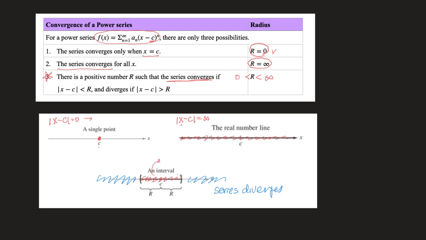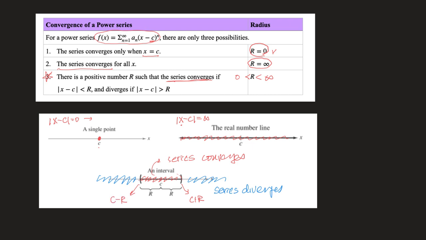Inside this interval, c is going to converge. So which point has a problem, guys? We didn't talk about the boundary, meaning this x value is going to be c plus r, and this x value is going to be c minus r.